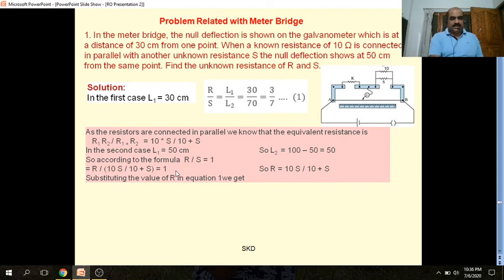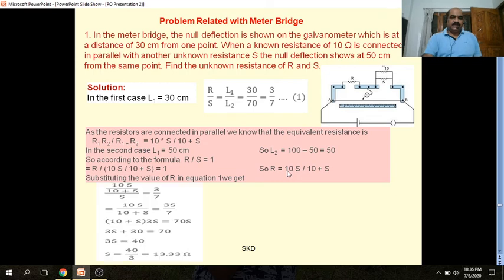So using this relation, what we get, R is equal to 10S upon 10 plus S. And if we substitute this value of R in our first relation, means we have to equate it with 3 by 7.